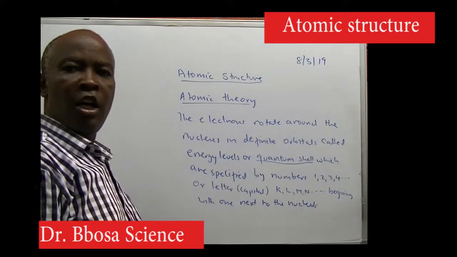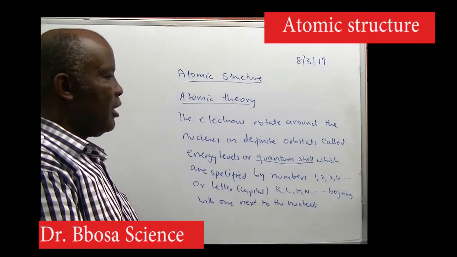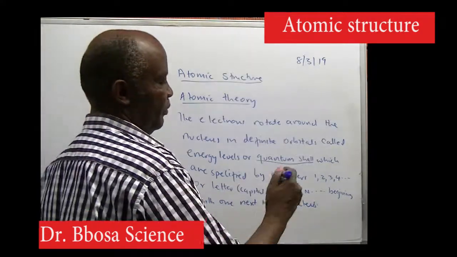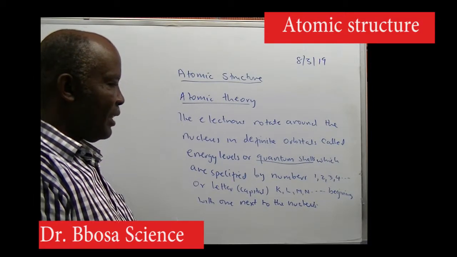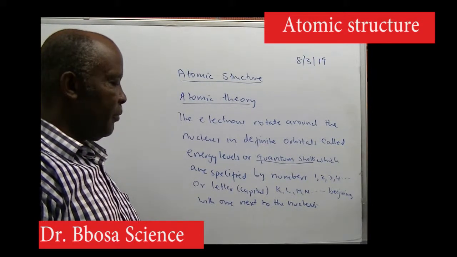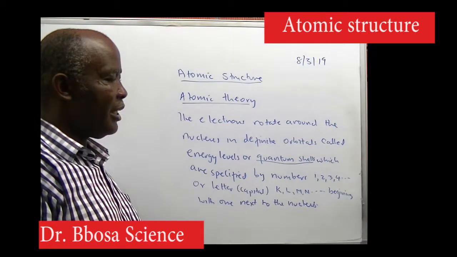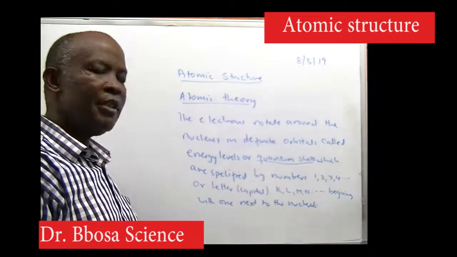Electrons rotate around the nucleus in definite orbitals called energy levels or quantum shells, which are specified by numbers 1, 2, 3, or capital letters K, L, M, N, beginning from the one nearest to the nucleus.